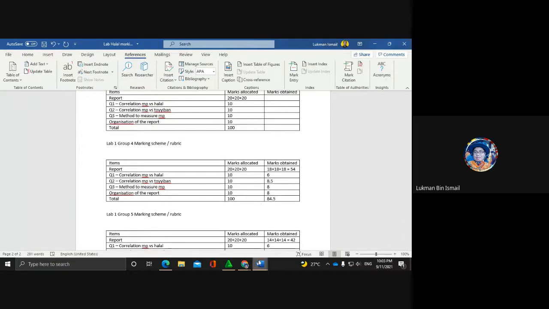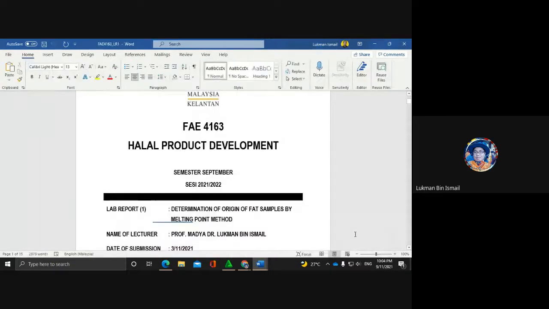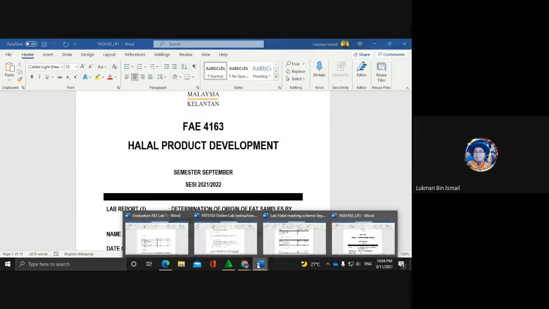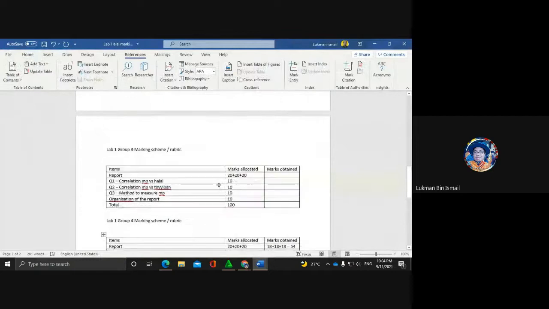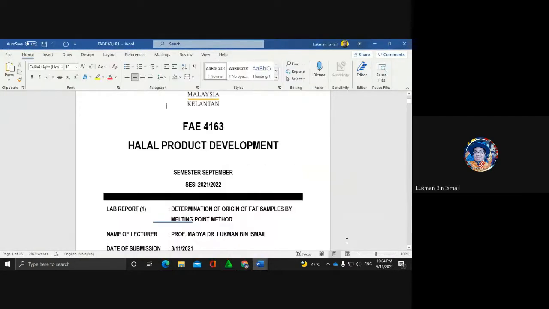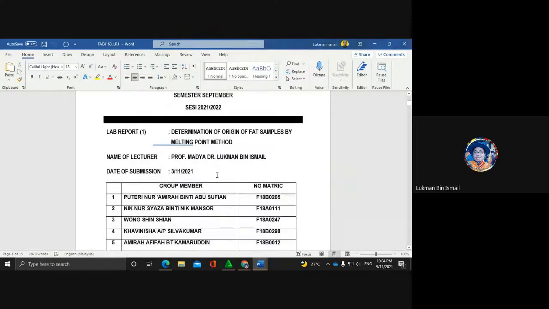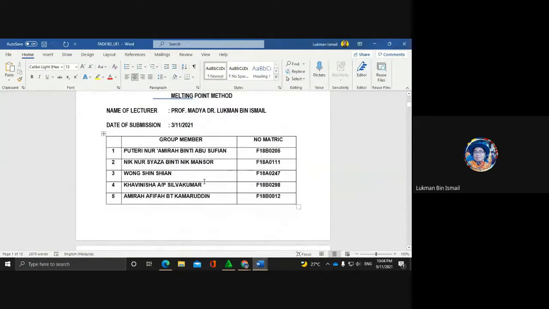So the last group is group 3 lah. Maknanya last group is group mana? Kita tulis group number yang menyusahkan. Group 3. Okay, so last group is group 3. Putri Nur Amira, Nik Nur Syaza, Wong Xingqian, Kavishna, and Amira.